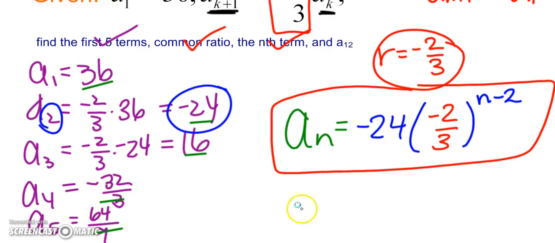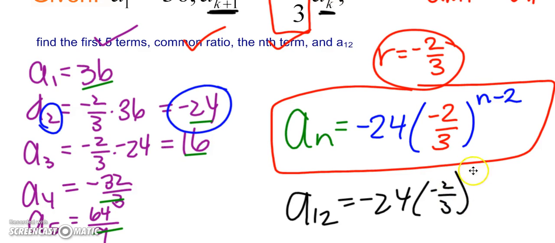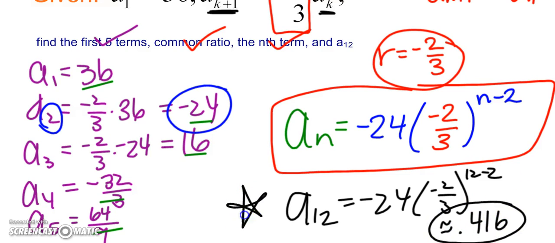So now if I want to find a sub 12, I'm just going to use the formula. And you end up with approximately 0.416. Practice with your calculator. I know I don't have mine, but that doesn't mean that you shouldn't know how to use yours. Okay? A sub 12. Got all of them.